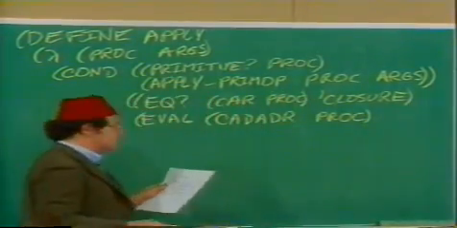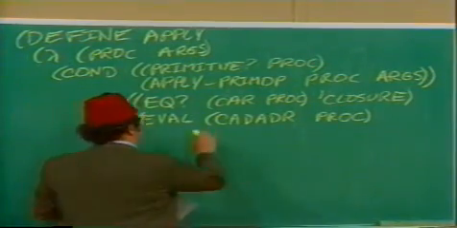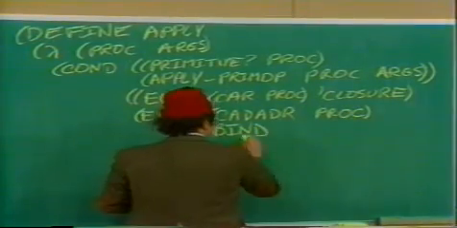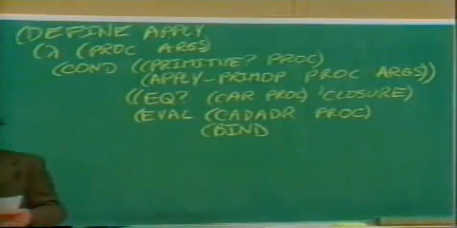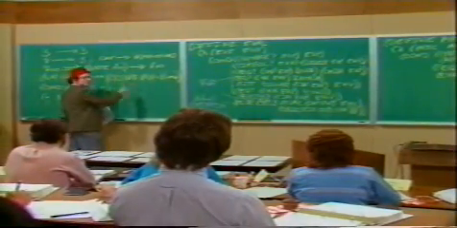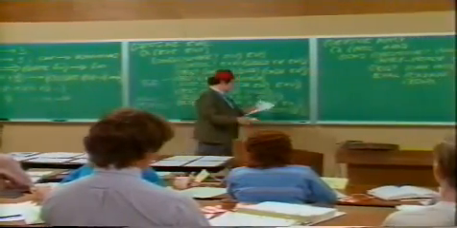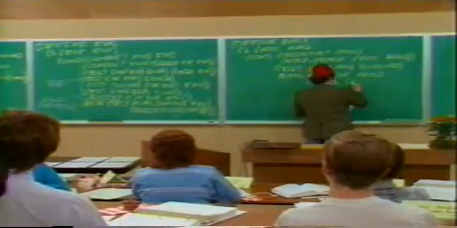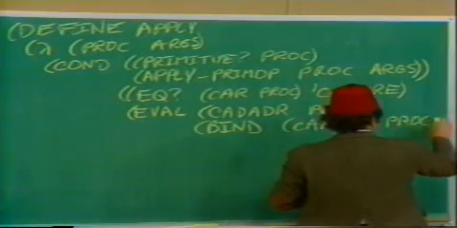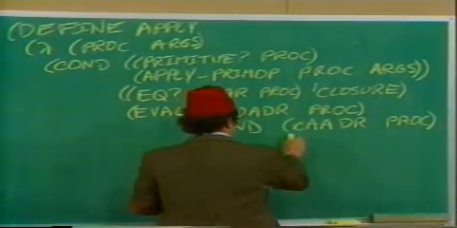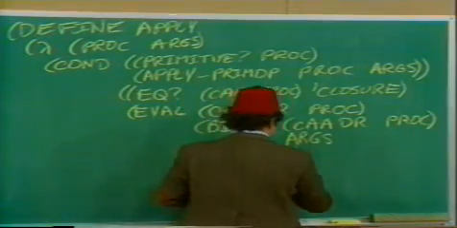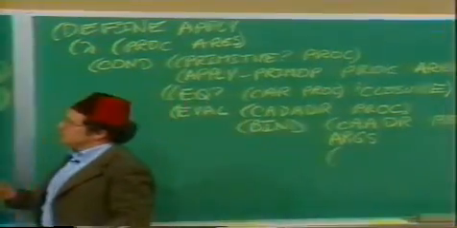So I evaluate the body in the result of binding, that's making up more environment. Well, I need the formal parameters of the procedure. What is that? That's the car of the cdr of the procedure. Okay? It's horrible, isn't it? Bind that to the arguments that were passed in the environment which is passed also as part of the procedure.